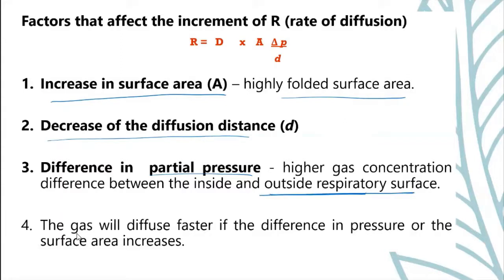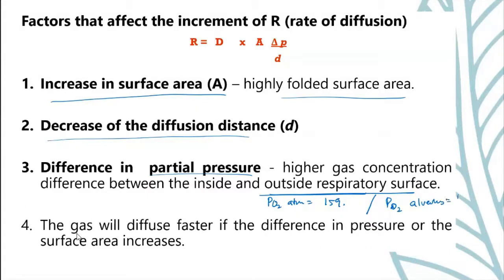Outside, nanti kita akan tengok partial pressure of oxygen in the atmosphere is 159, something like that. Okay, compared to the partial pressure of oxygen in the alveolus.